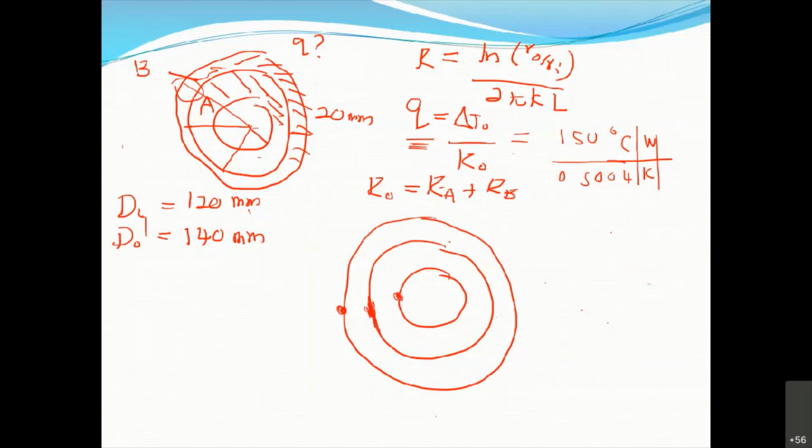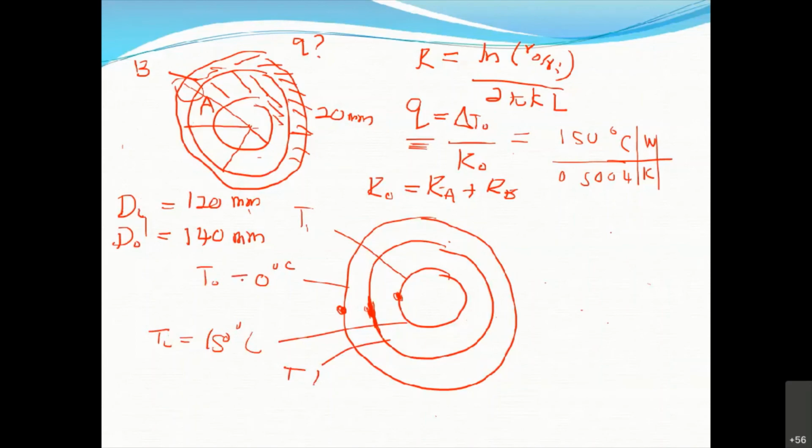We know the temperature inside here is 150. Temperature here is 0 degrees Celsius. Temperature here is 150 degrees Celsius. We don't know what this temperature is. If you were to label this one, we can say this is T1. So T1, or T inside, is equal to 150.